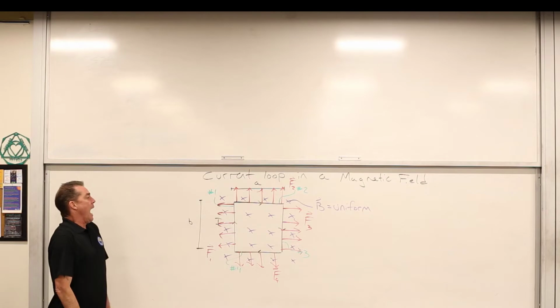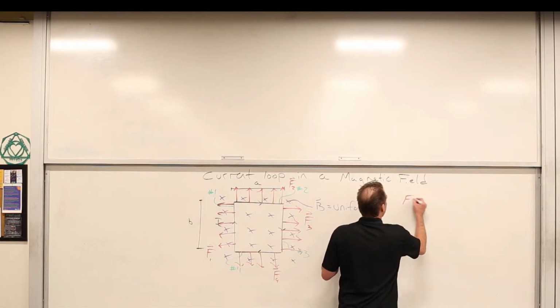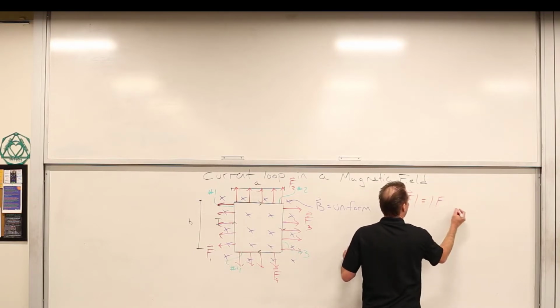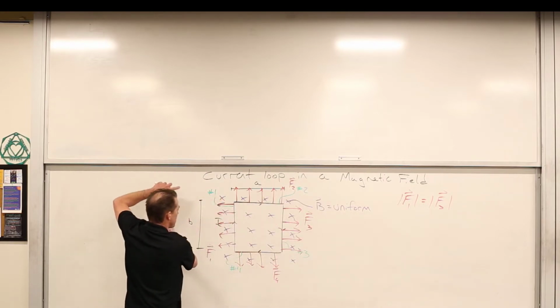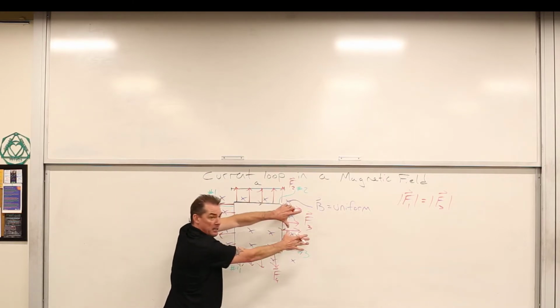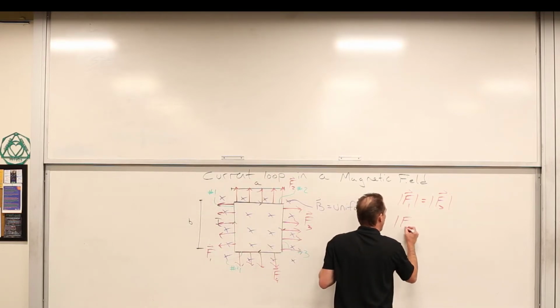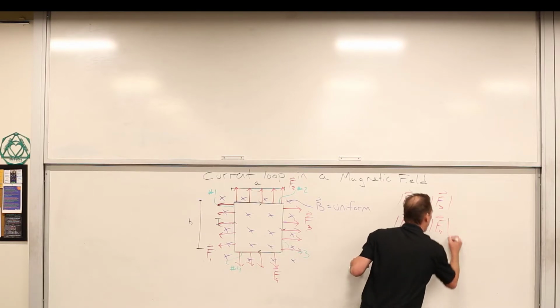And what we ended up finding was, in fact, that the magnitude of F hat 1 was equal to the magnitude of F hat 3. The force distributed across this section is the same amount of force distributed across this section. And likewise, the magnitude of F hat 2 was equal to the magnitude of F hat 4.